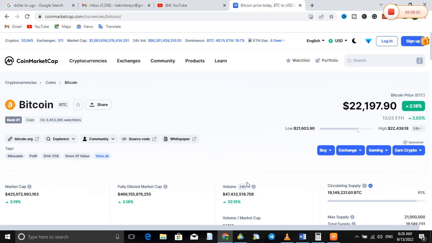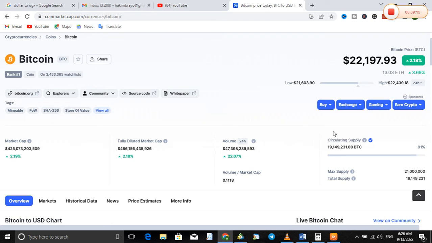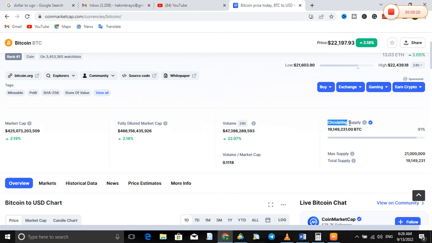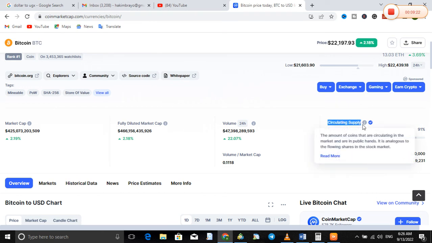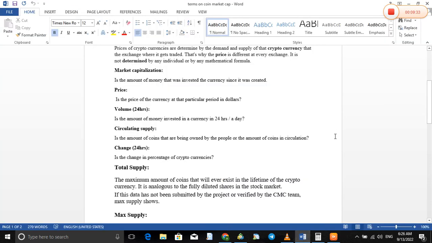The amount of Bitcoin in circulation is 19 million coins. You go tap on any cryptocurrency you want. After scrolling down, they are going to show you here the circulating supply. Let me try to highlight it. So that is our circulating supply, and this is the amount of coins in circulation, which is 19 million coins. Let me hope, guys, we are together.